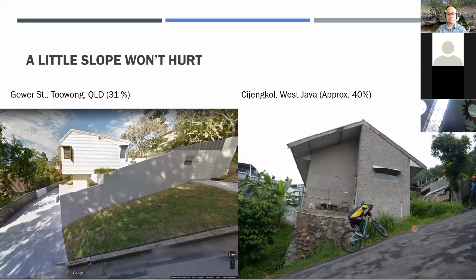That would of course cause a hazard to pedestrians and vehicles alike. However, we're in a tropical climate, so as long as these slopes are stable, if you can stabilize them, well, build away.